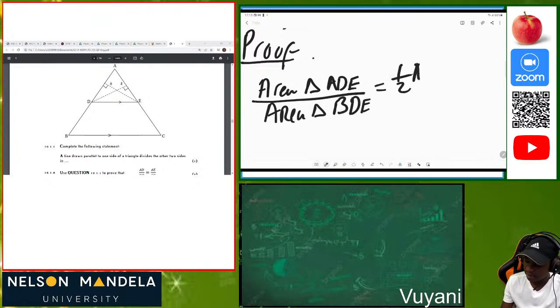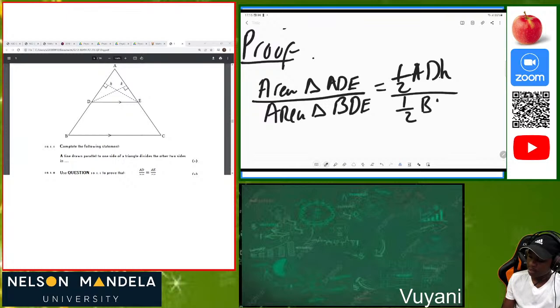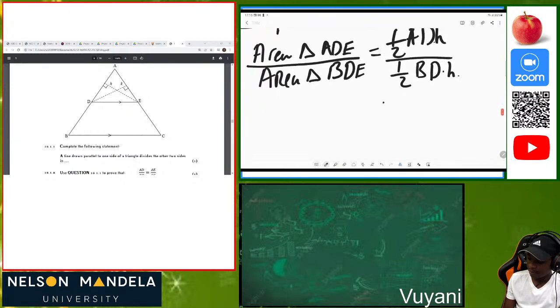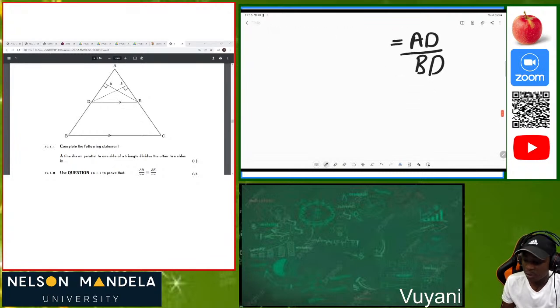What is our base this time? It's AD, and our height was H. Then we have half also the base of triangle BDE, which is BD, and they have the same height. Then we end up having AD over BD. We have already proved this, but let me just recap it quickly for you.